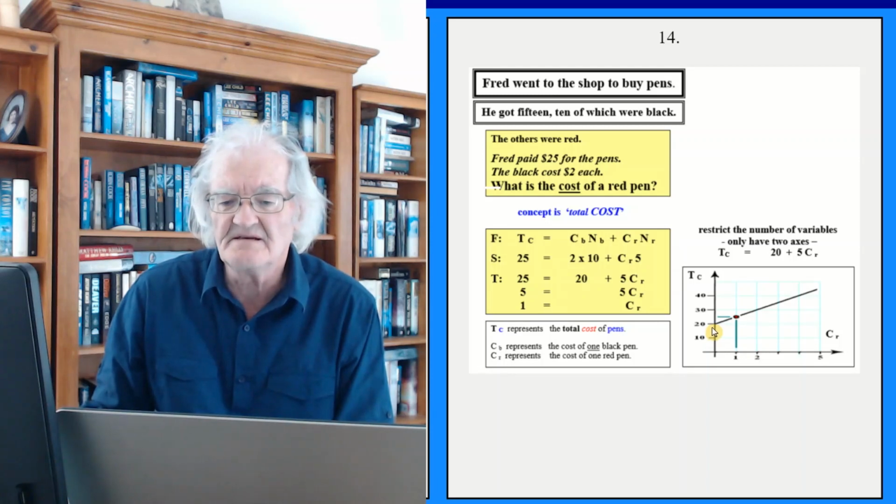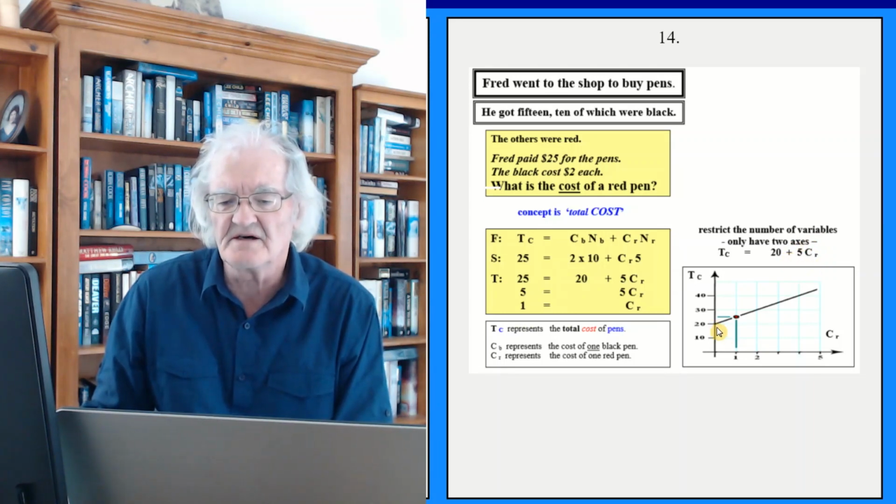So we begin by knowing $20 of the cost was due to the black. Then that cost will increase depending upon the cost of the red. For every extra dollar in the cost of a red pen, the total will increase by 5 because we are dealing with 5 of them.